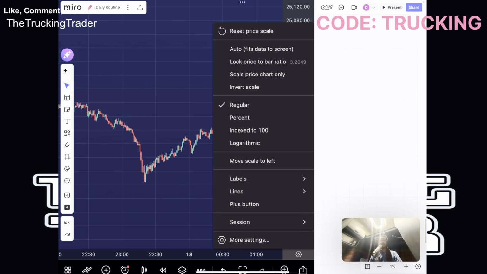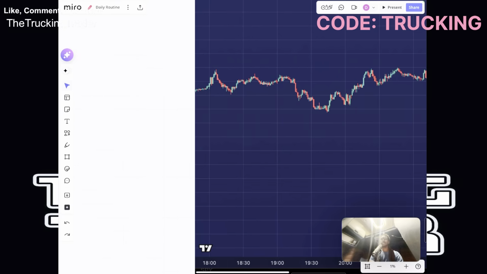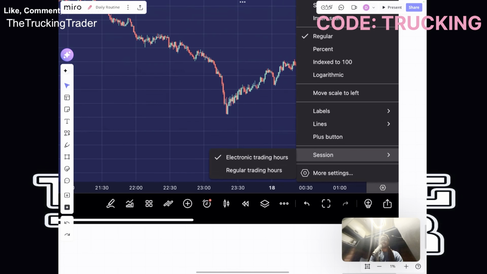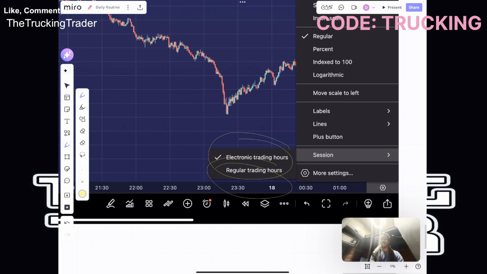So when you click that button, it's going to pop up, and then you will see something that says session, right here. It says session. And then once session pops up, you're going to have to change it from electronic trading hours to regular trading hours, right? And then that is how you find your opening range gap.